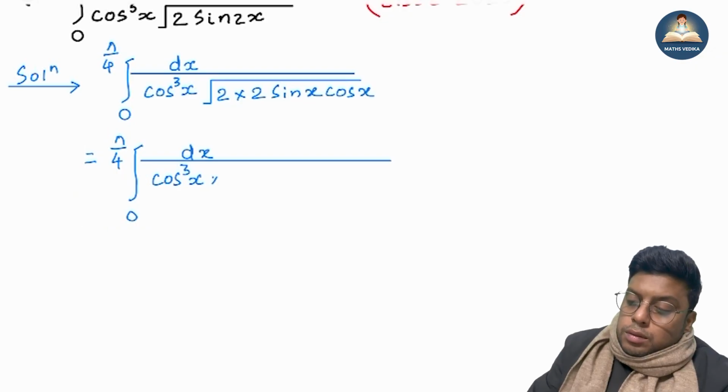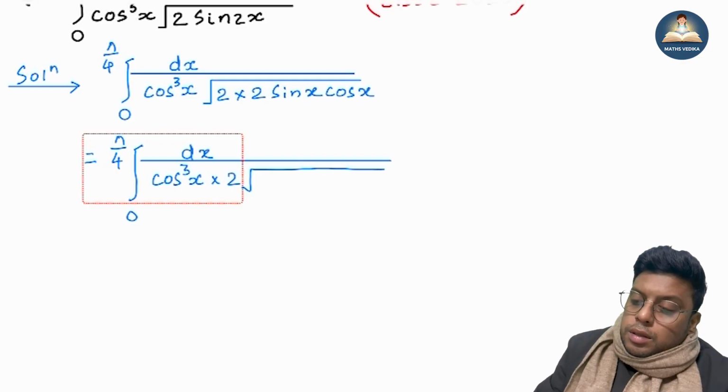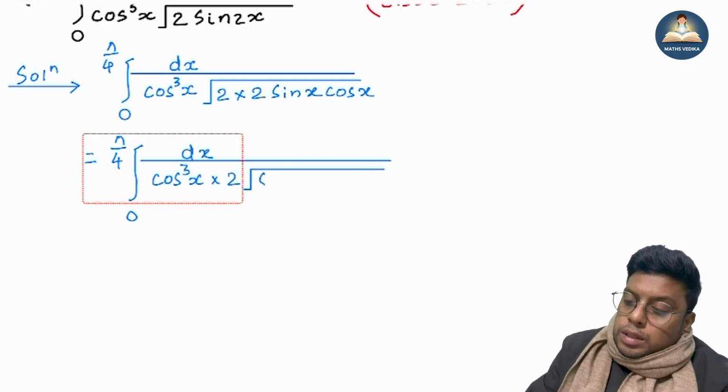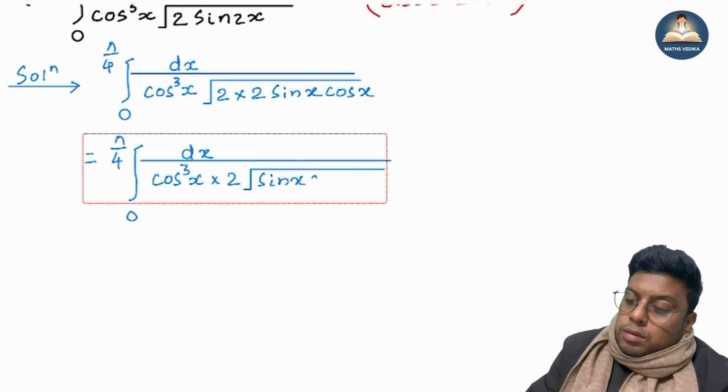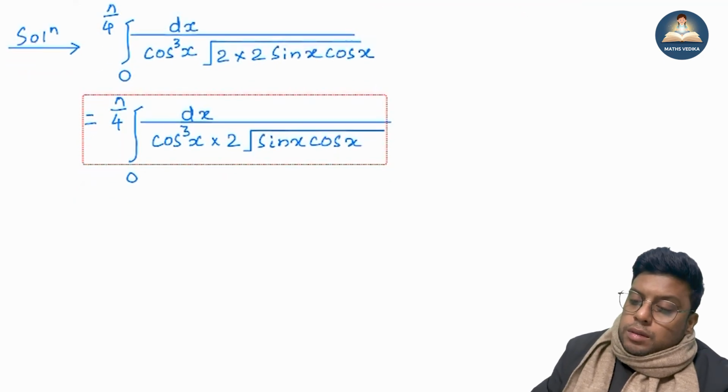So 2 will come out, and under root sine x into cos x.